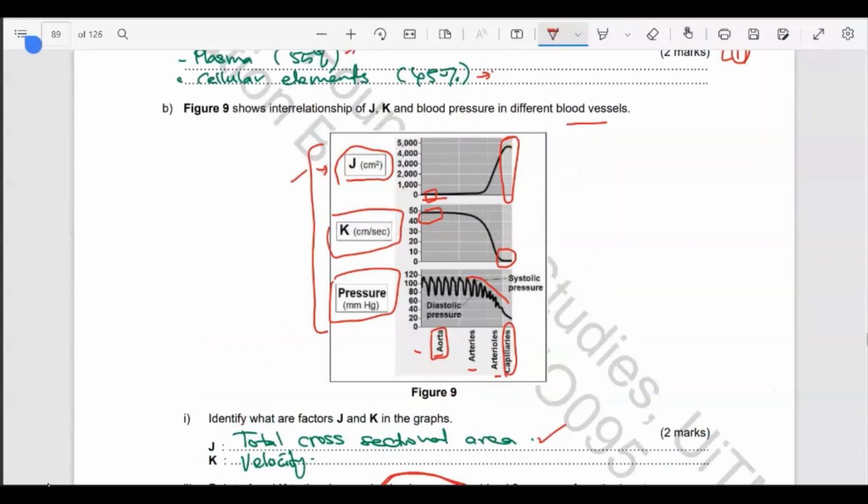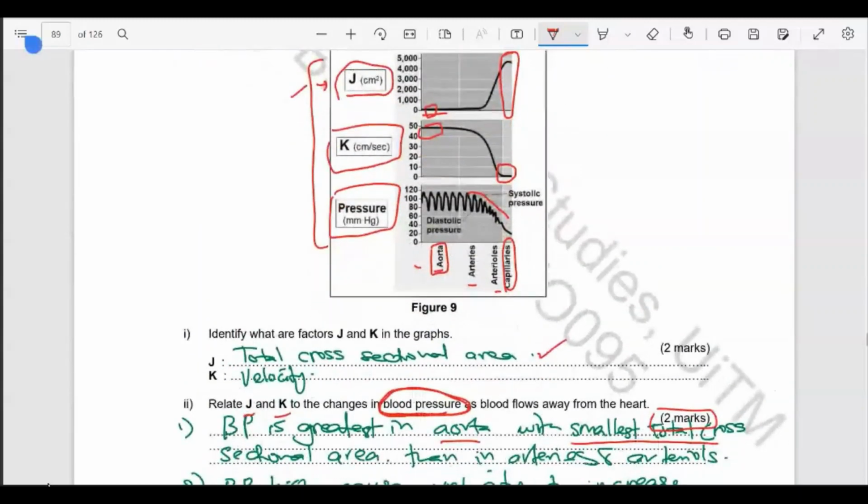But as you can see from the graph, the velocity is initially high, but as the blood flows into the arteries, then arterioles, and then into the blood capillaries, the velocity will drop as the total cross-sectional area increases, and so the blood pressure will also decrease.